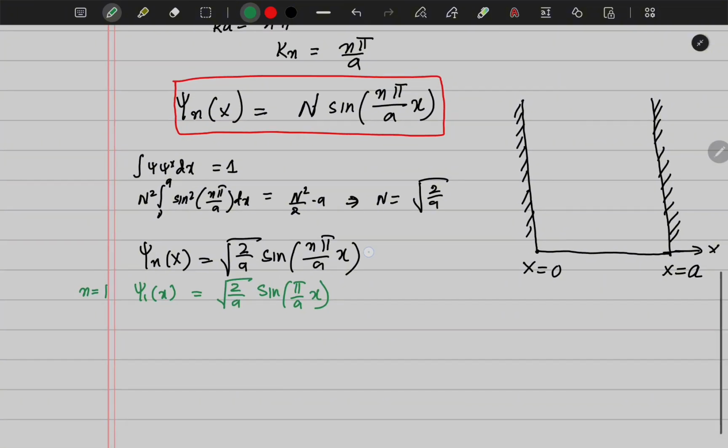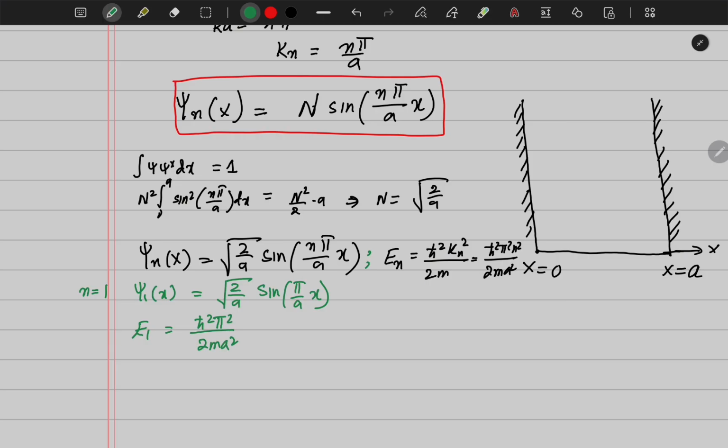One more thing I would like to write here is the energy. E_n is equal to h bar squared k_n squared divided by 2m, which implies h bar squared pi squared n squared divided by 2m a squared. So E1, the corresponding energy, is equal to h bar squared pi squared divided by 2m a squared.